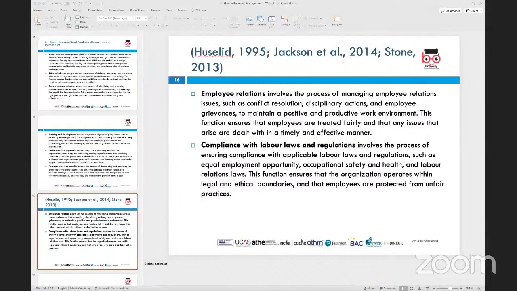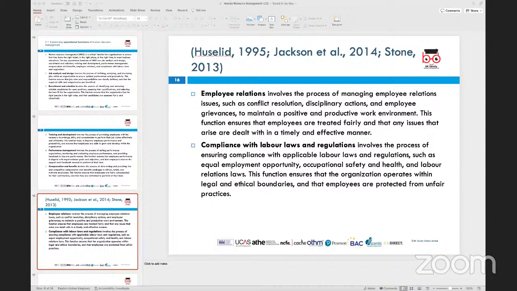When we look at how this impacts human resources and management practices in terms of turnover, productivity, and the financial performance of the company, these two functions, employee relations and compliance, can cost the organization heavily if they are not met, that is, if the organization is not compliant with the legislation which has been put in place in most countries.